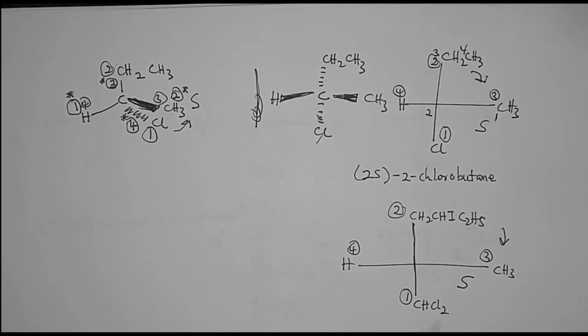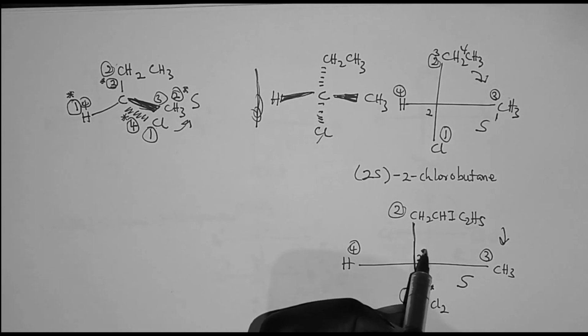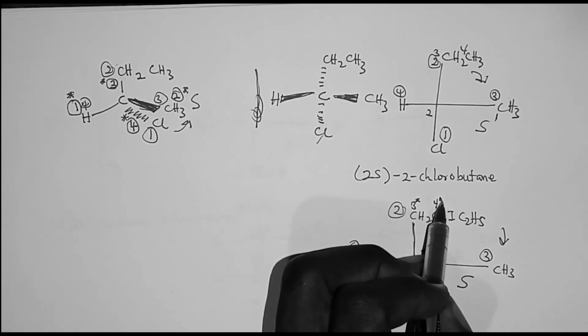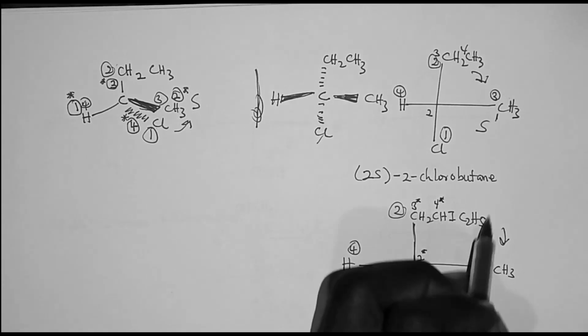Let's try naming this. How many carbons are there in total? So here is number 1 carbon. So let me put it here. 1 carbon, 2 carbon, 3rd carbon, 4th carbon, and then there are 2 carbons here.